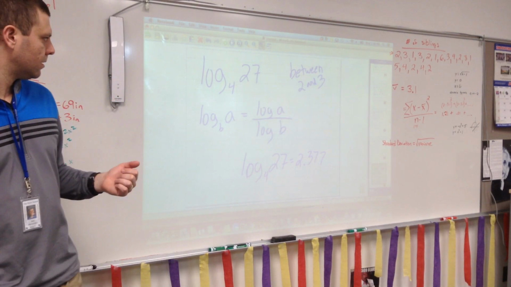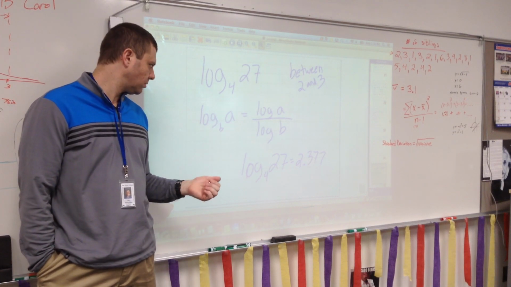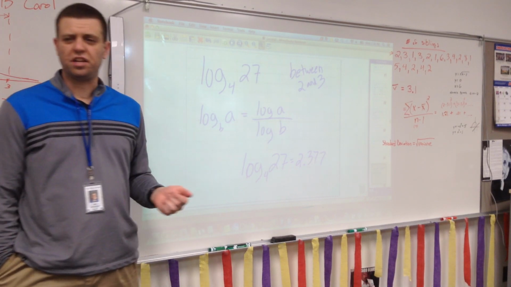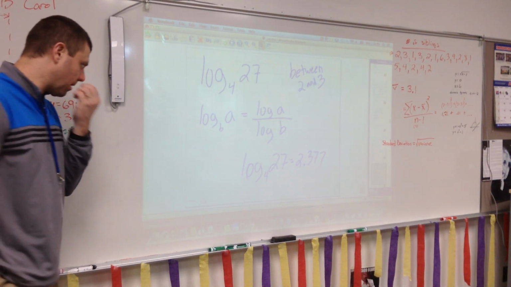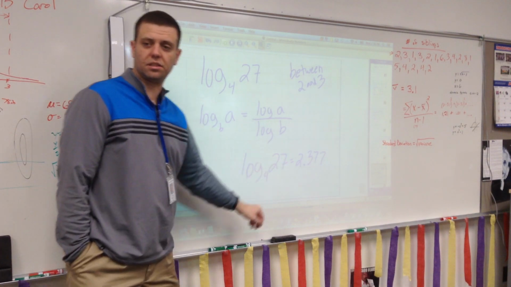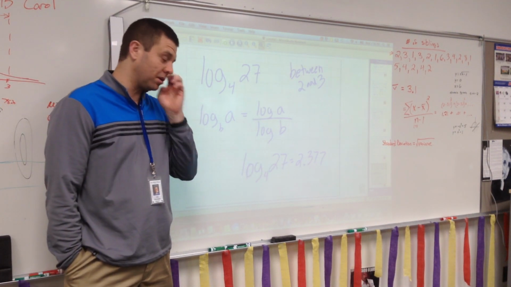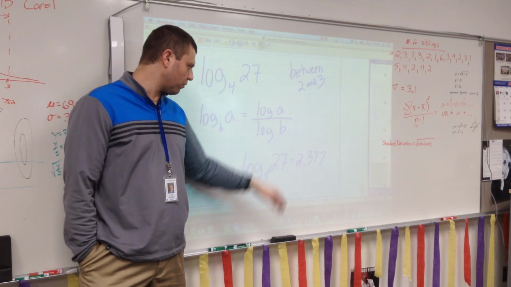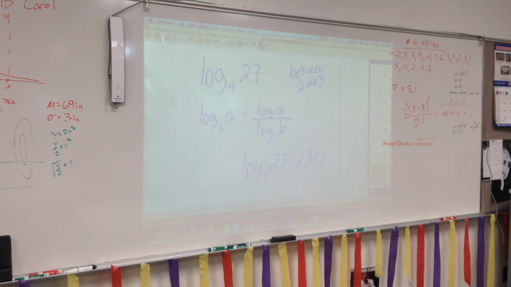So this is your change of base. You're changing them to a base of 10 to evaluate them. You may want to just make sure you know how to do this. I see Alyssa's working on it right now. Make sure you understand how to do that on the calculator that you would use. Log to the base 4 of 27 does equal about 2.377, roughly.